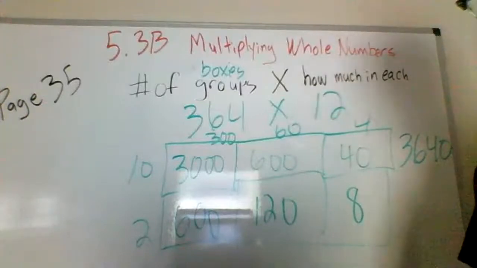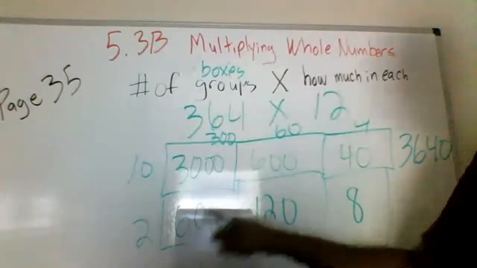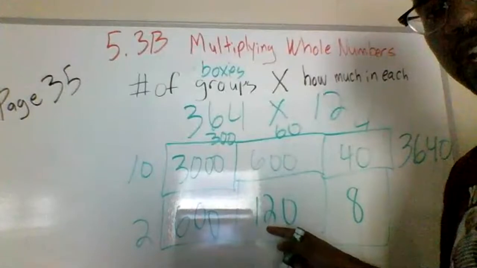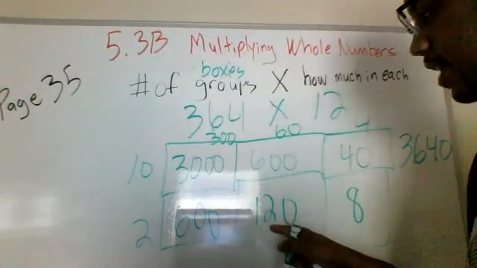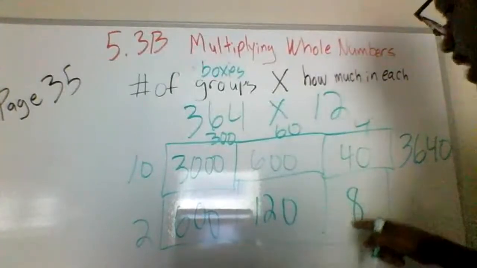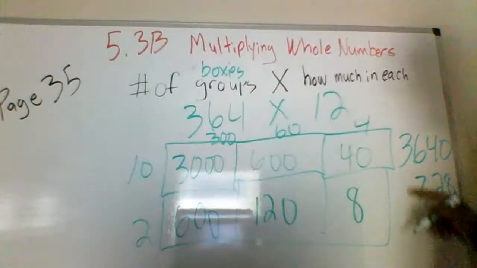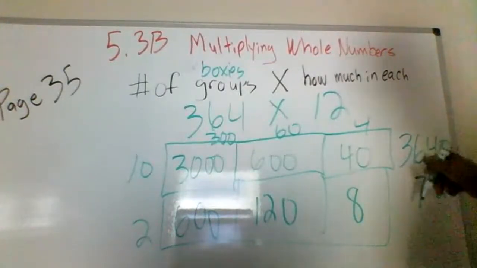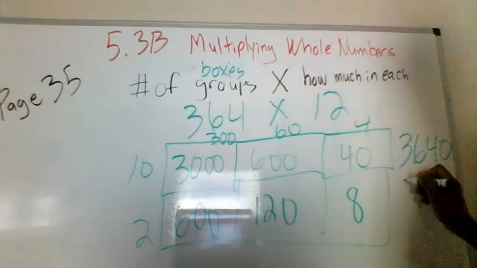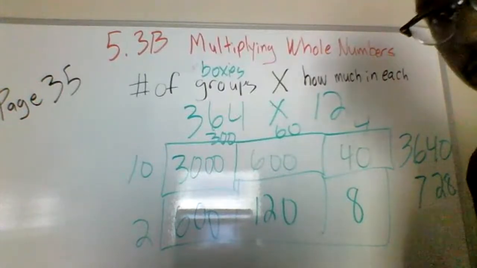Now, 600 plus 120 is 720. 720 plus 8 is 728. Remember, put the 700 under the 600. All right? Don't put it under the 3,000. Right?